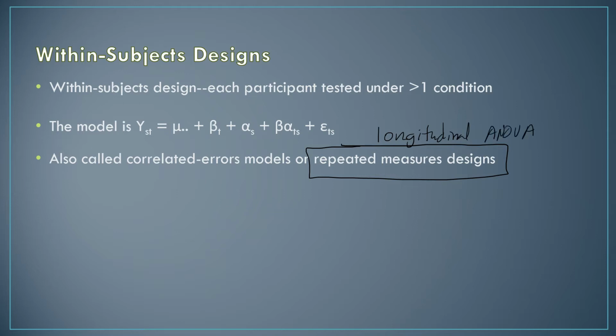So this goes by several different names. But regardless of the name, the biggest point is that every participant is in every level of your independent variables. So each participant is in each group.